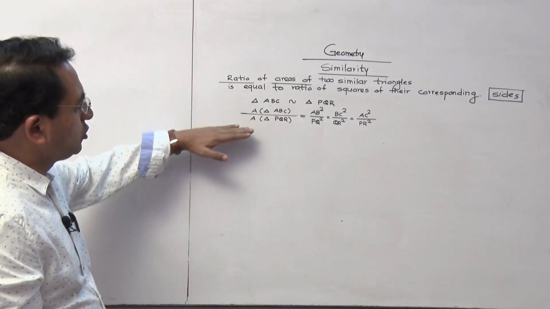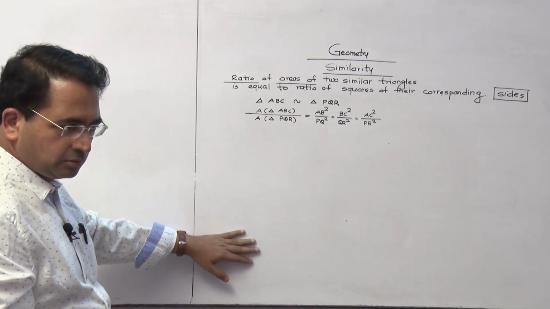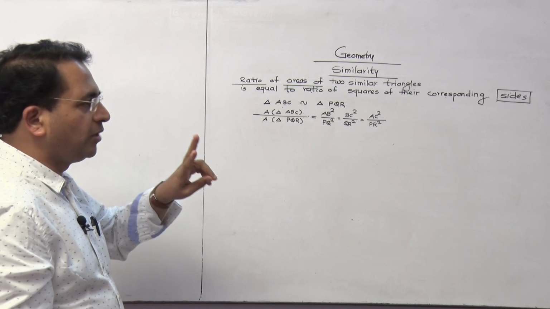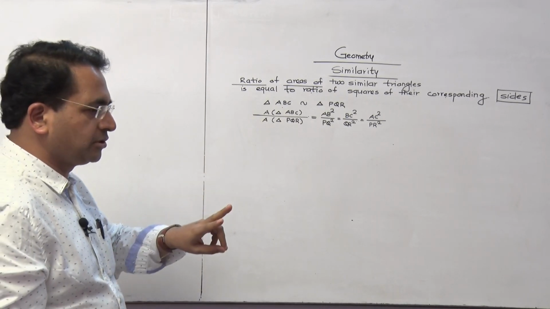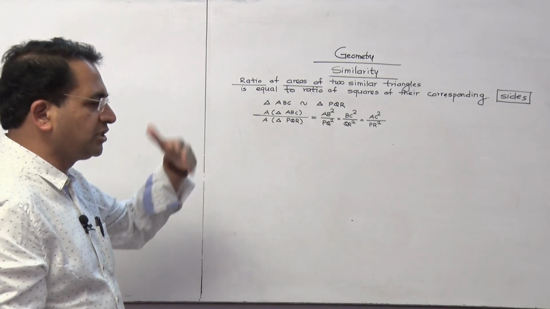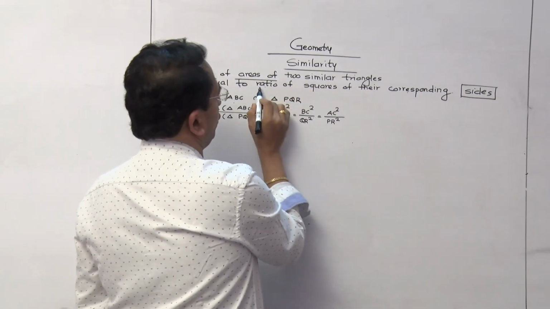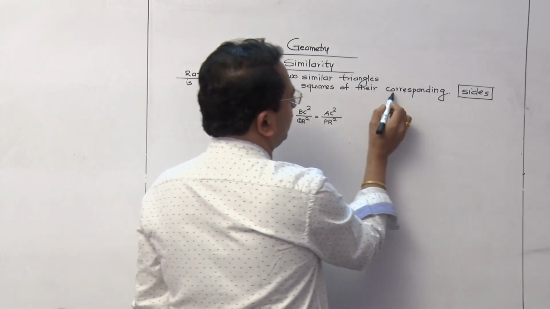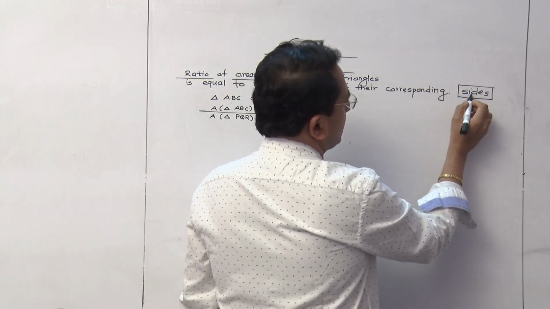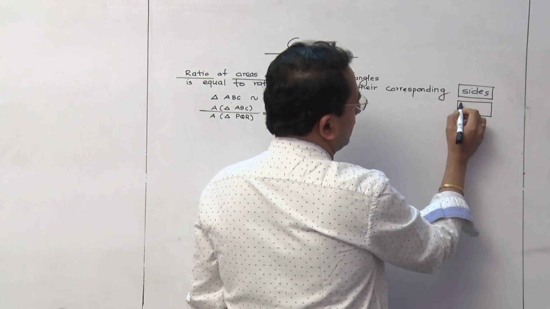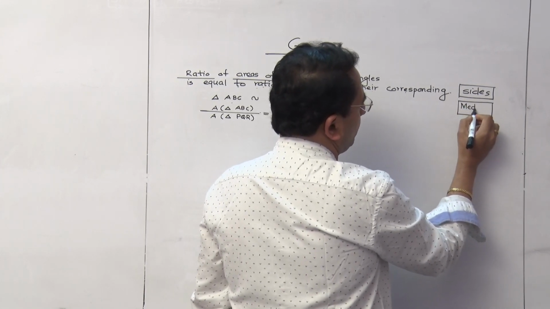Now they can ask you a question based on this. They can ask you the theorem also, but a 2 marks question will be asked where they are using some other words. Instead of sides, they are using the word medians.